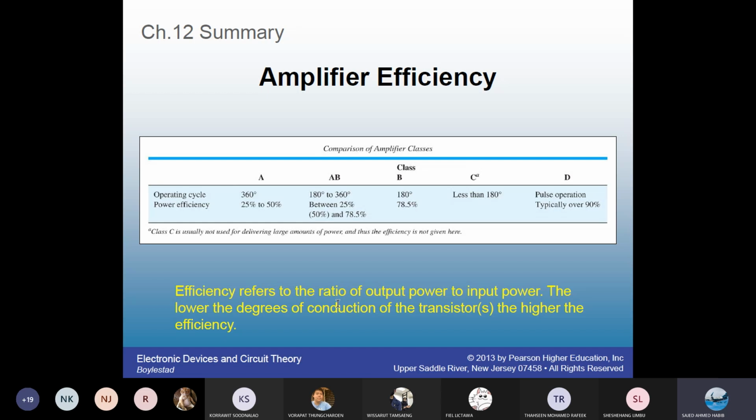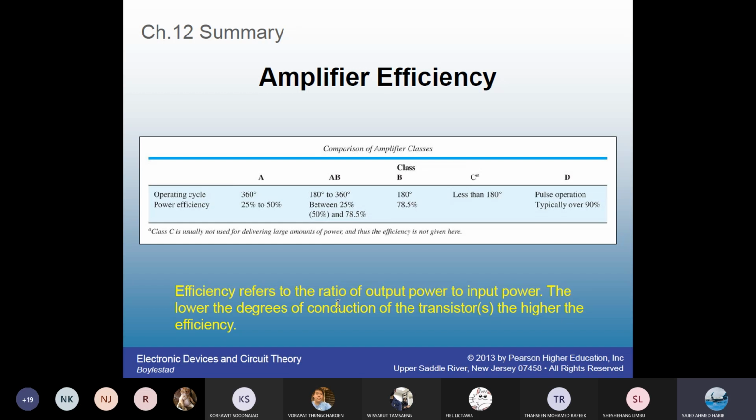For power efficiency, it goes the opposite way. If you start with the lower letter, this is the least amount of efficiency. Usually class A is 25%. If you do some trick in the circuit, coupled with the transformer on the output side, you can increase it to 50%. For class AB, between 25 and 78.5% possible.